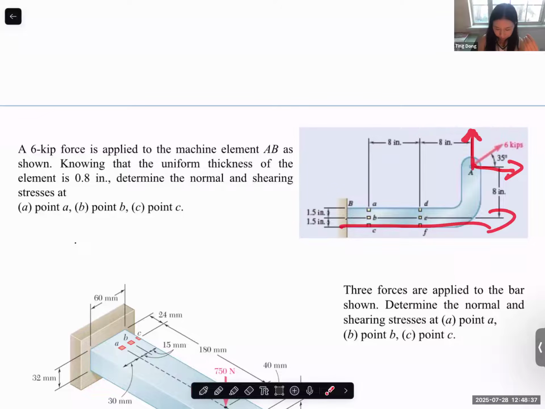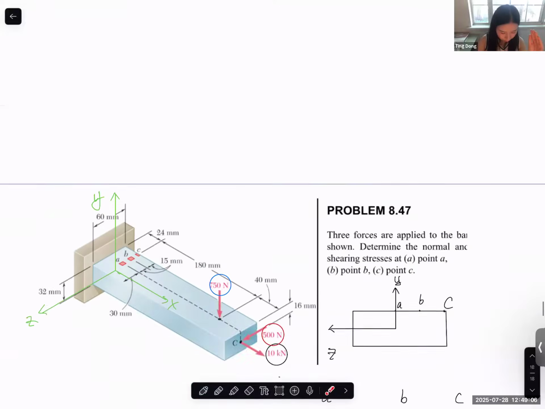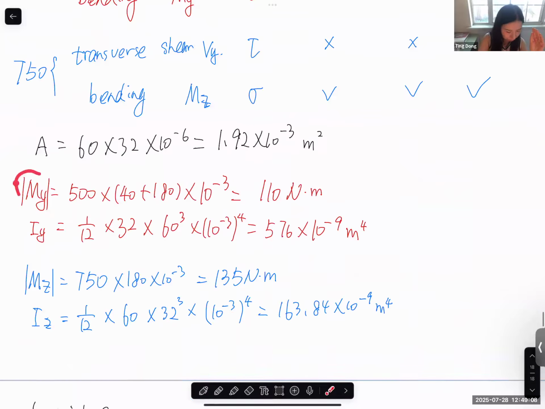If we consider this is x, this is y, and the plane is in the z direction, this one will generate a clockwise moment on this cross section and this one will generate a counterclockwise moment. Counterclockwise is considered positive and clockwise negative, so you know when to add or subtract. We only do this when it's bending moment about the same axis. For this one, we cannot add or subtract these two moments, because they are about different axes.